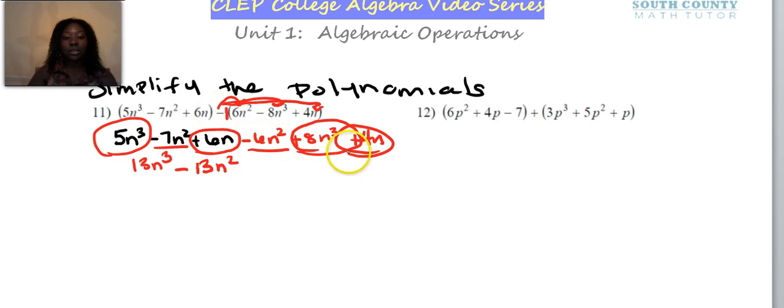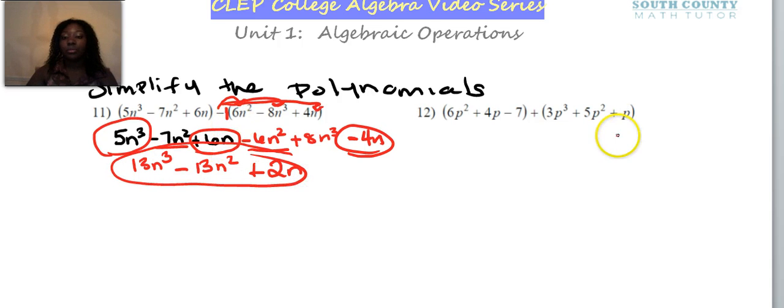Oh, actually that is a negative 4n. I almost made a mistake. Let's redistribute it. This was a negative 4n. So negative 6n minus 4n is positive 2n. Alright, that's your final answer.